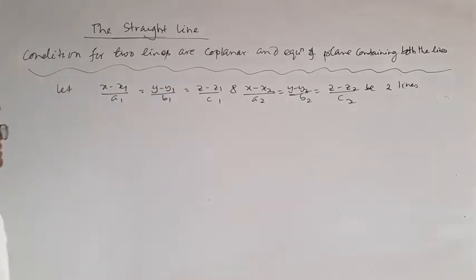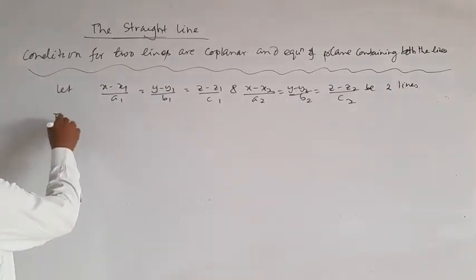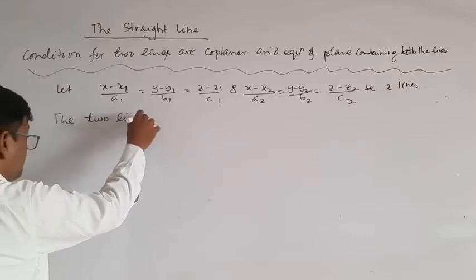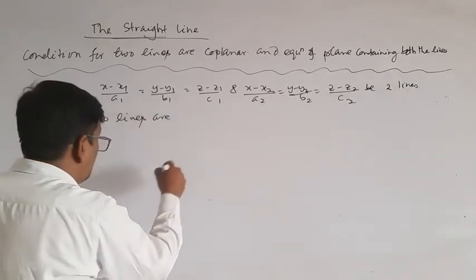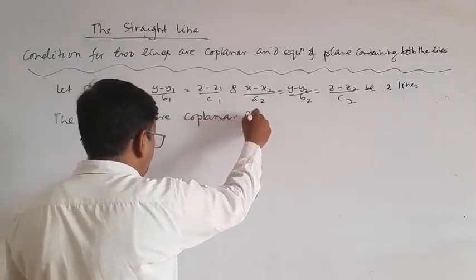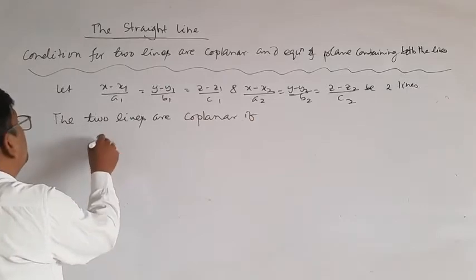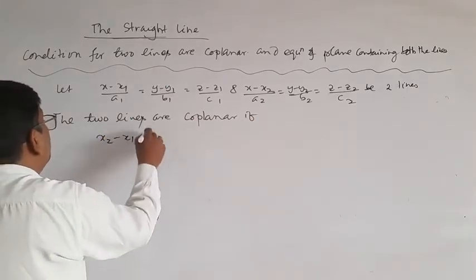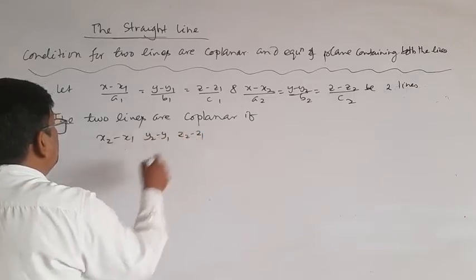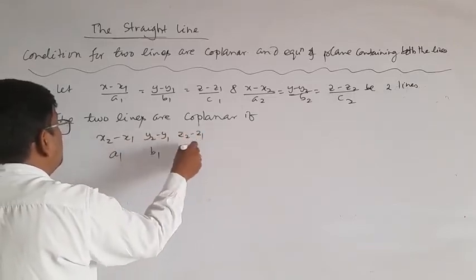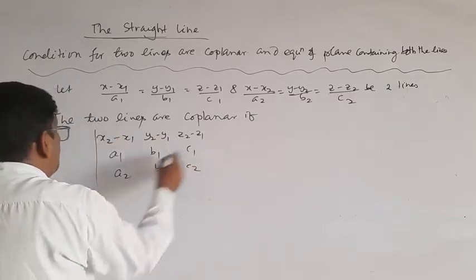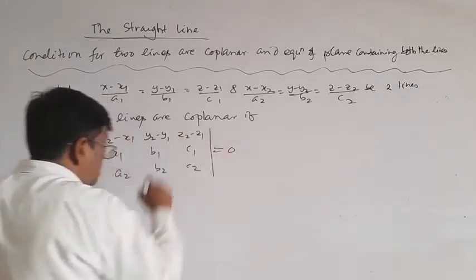The two lines are coplanar if the determinant with rows x2 minus x1, y2 minus y1, z2 minus z1; a1, b1, c1; a2, b2, c2 is equal to 0. This is the condition for coplanar.